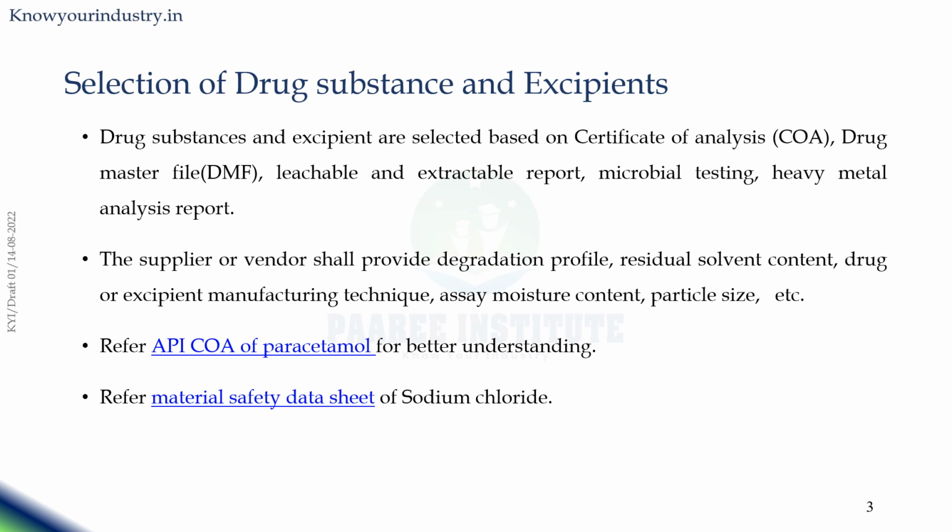Here we have put for your reference the API COA of paracetamol and the material safety data sheet, which is needed for any component. If you handle it, you should understand what a safety data sheet is, which can provide a lot of information to handle those substances in our laboratory.